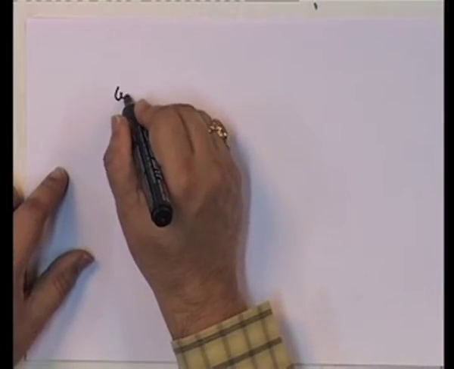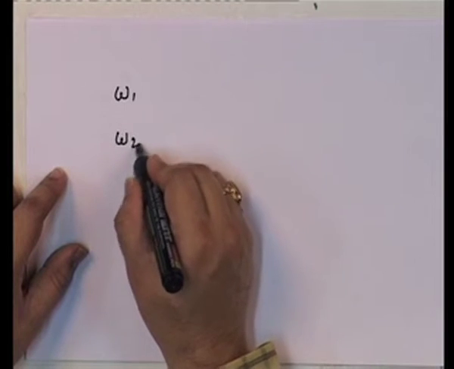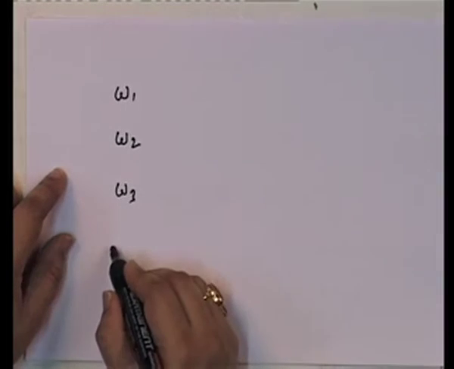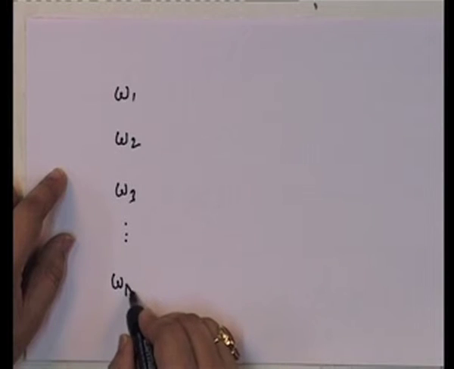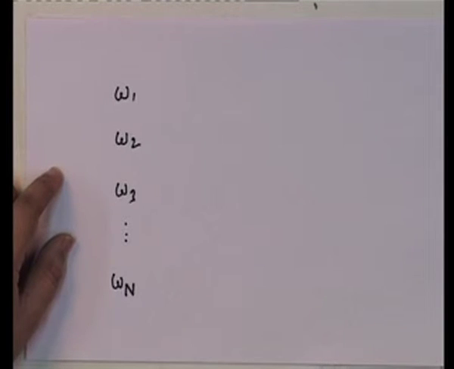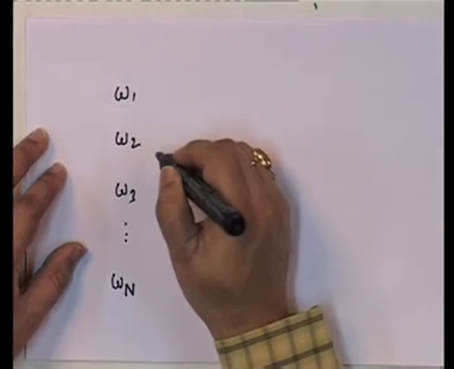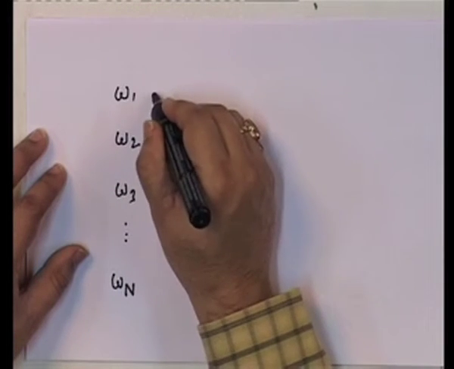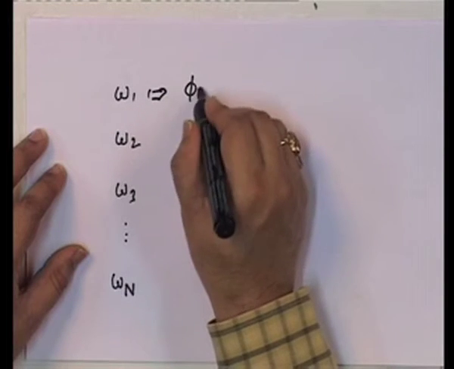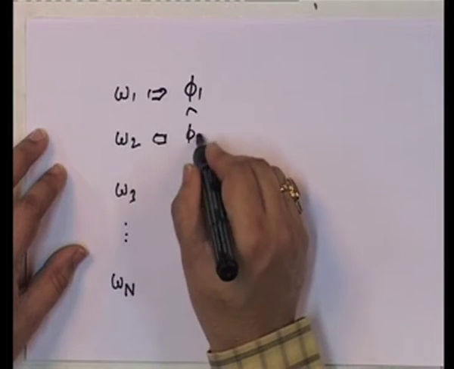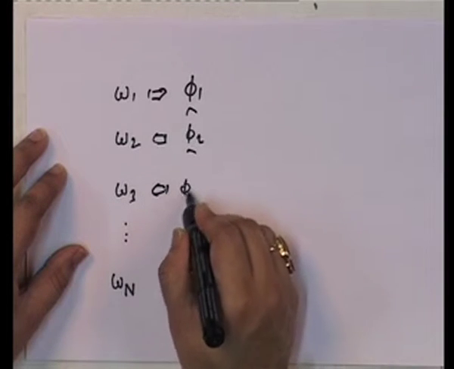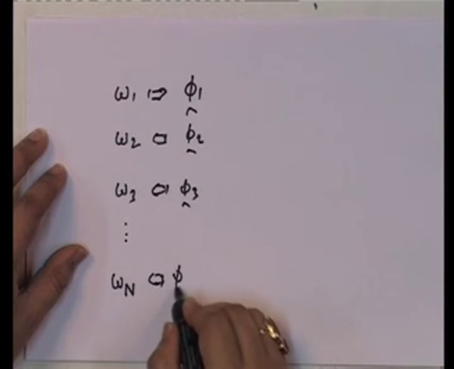We have omega 1, omega 2, omega 3, up to omega n. So, I have n frequencies, and corresponding to these, I have phi 1 and so on. So, I have mode shapes, and these mode shapes satisfy the orthogonality condition.